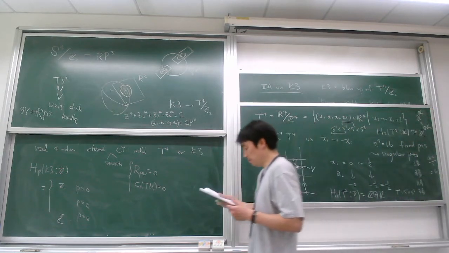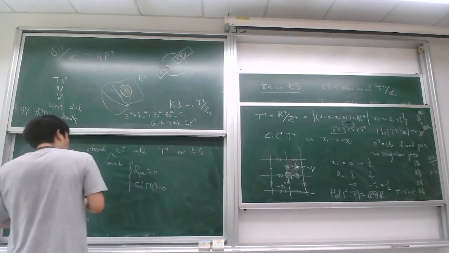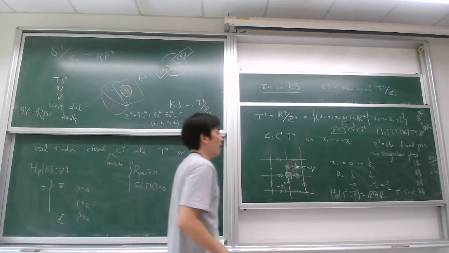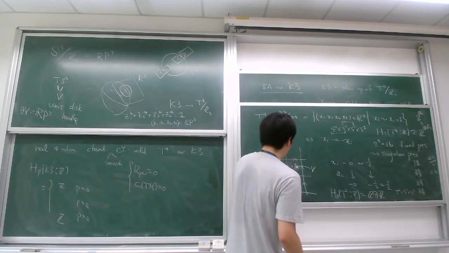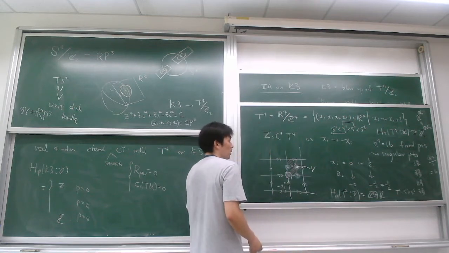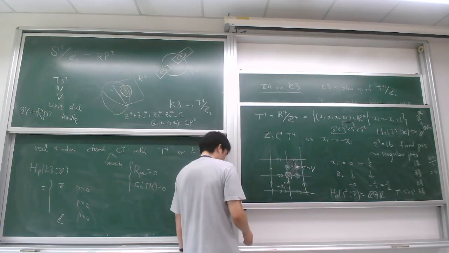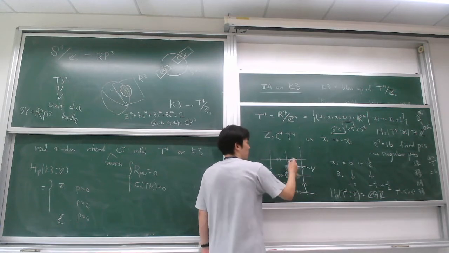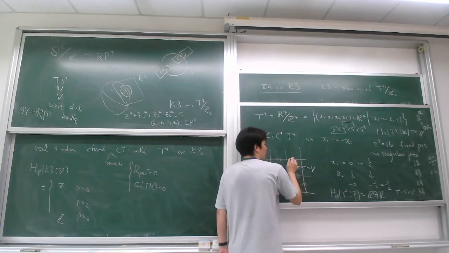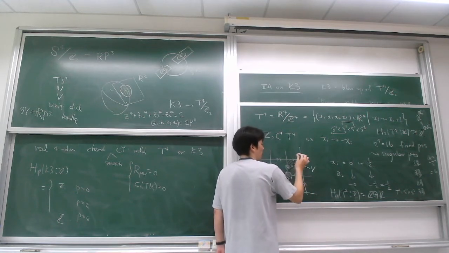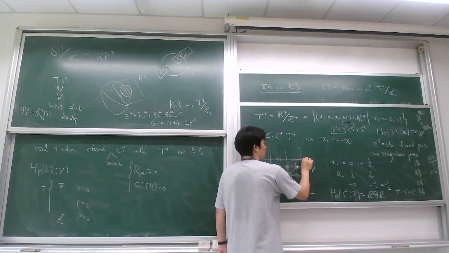On the other hand, in this schematic diagram, we have 16 points. One cycle is like this one. Another cycle is something like this one.